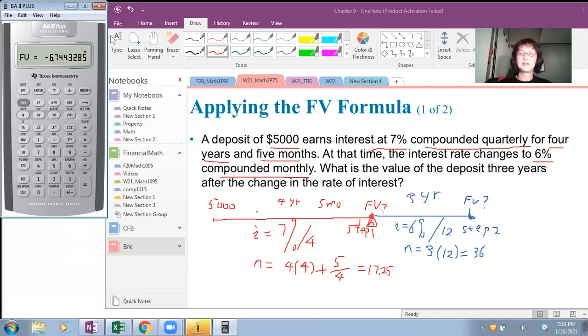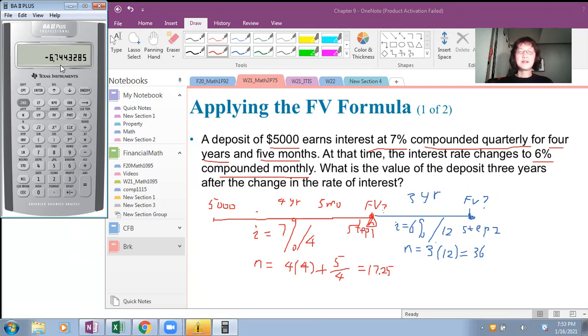This is FV. Okay. This is step 1. Now we store this value, because it becomes PV in step 2. So I'm going to store the result here. Later on, I can recall number 1, it will give me this number.